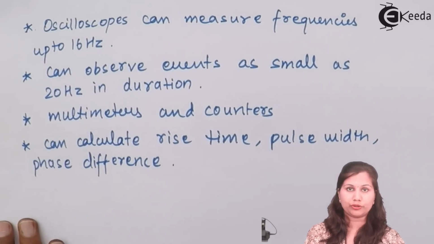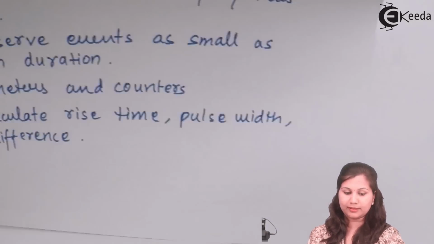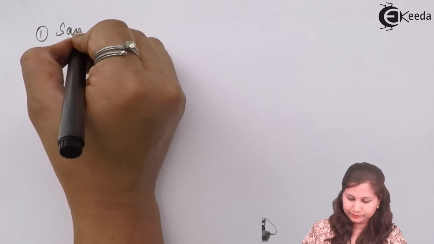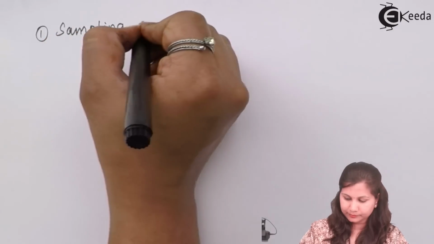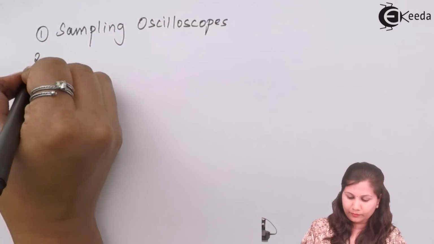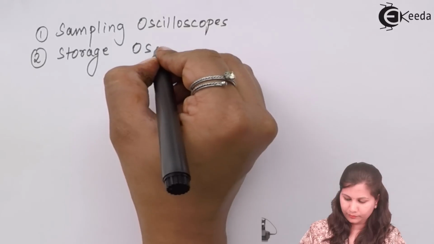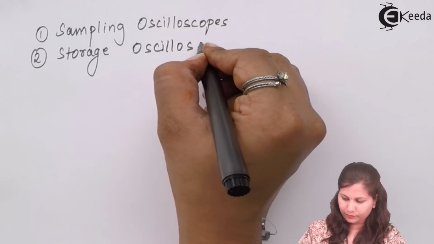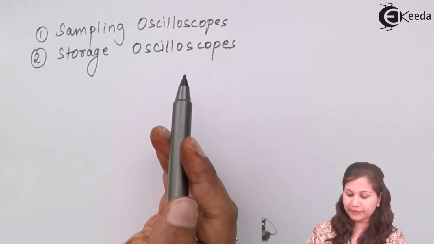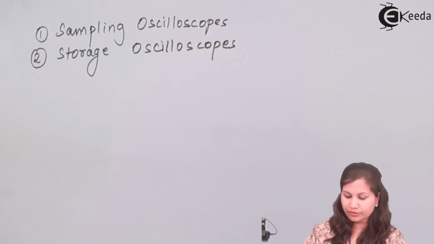Now if we come to the types of oscilloscopes, there are various types like sampling oscilloscope, storage oscilloscopes, which are used for high speed applications, and sampling oscilloscopes, which are used for capturing transient responses.